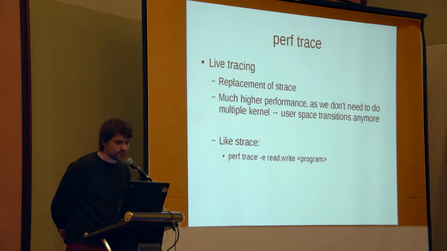And perf trace just uses the tracing infrastructure to emulate strace, which is a big performance improvement, because perf trace just writes to the ring buffers perf provides, and user space can easily extract the data from there, and it's not per syscall overhead, but it's like bulking.